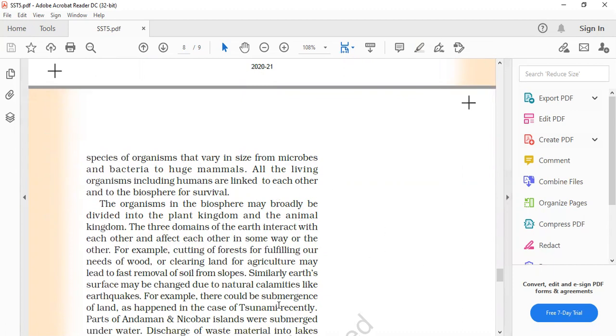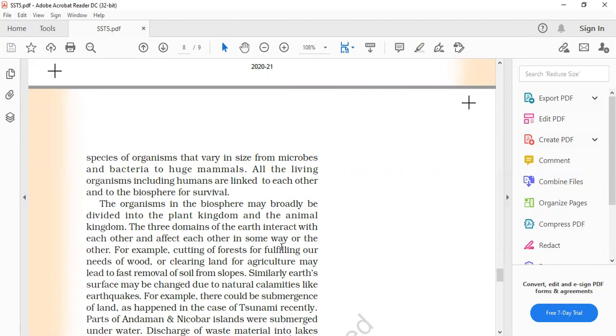And see here, the surface is changed by natural calamities such as earthquakes. So is it changed or not? The three domains of earth interact with each other and affect each other in some way. Explain the term. So here is the answer: the three domains of the earth interact with each other and affect each other in some way or other.